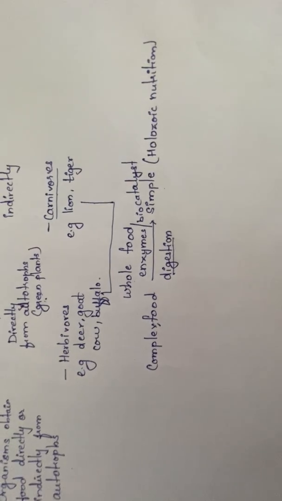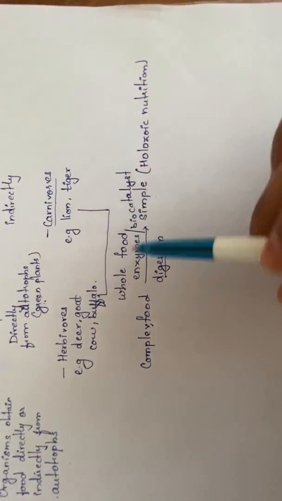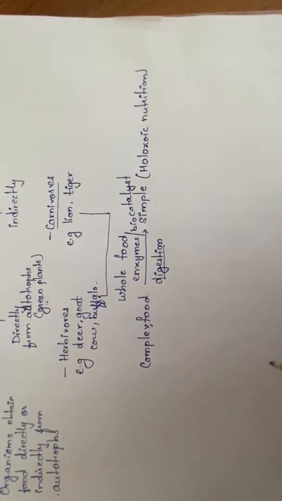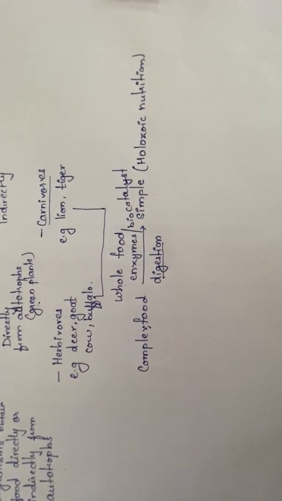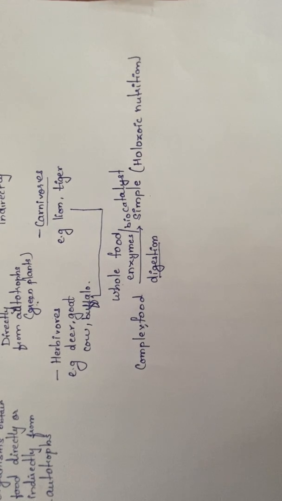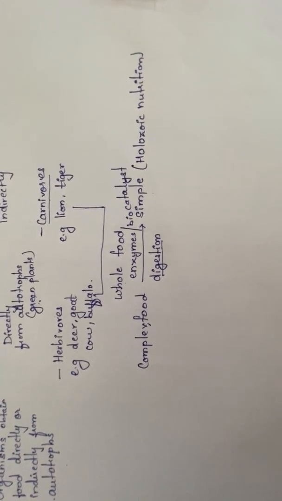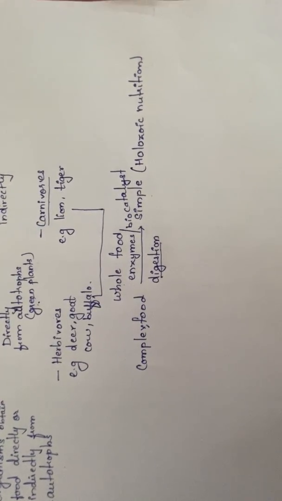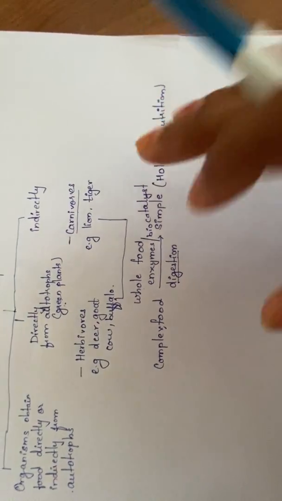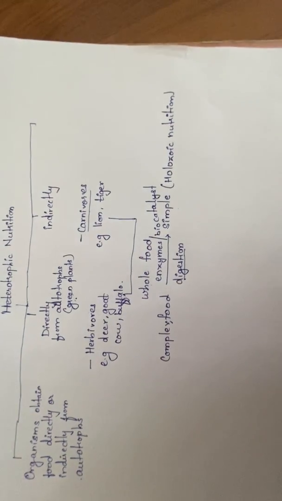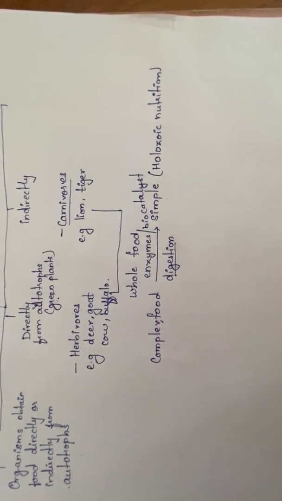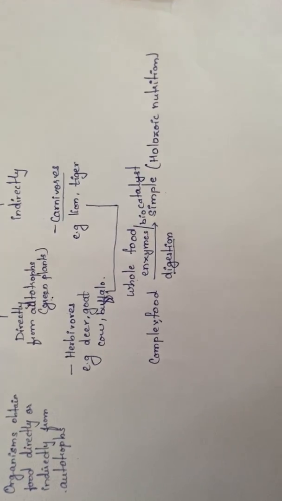are there any organisms which do not follow this kind of nutrition? That is, rather than consuming whole food, are there certain organisms which only take nutrients from the food? Yes, there is a group of organisms which, instead of consuming the whole food, only derive nutrients from the food.